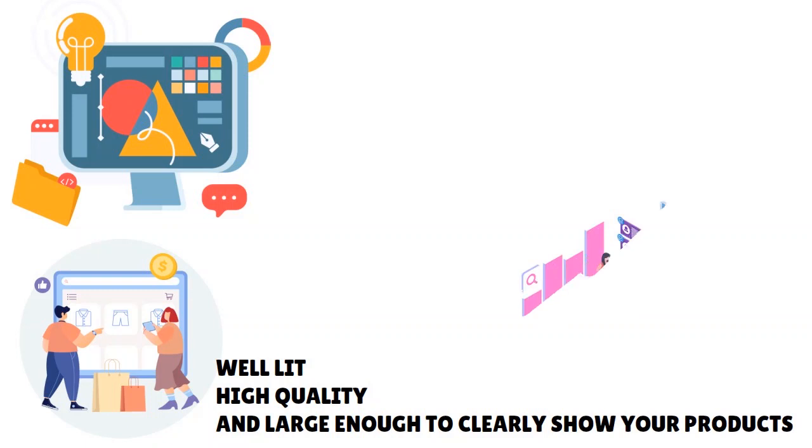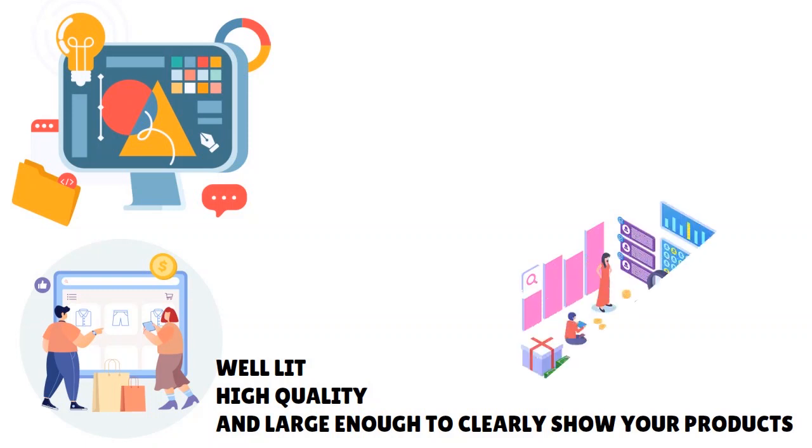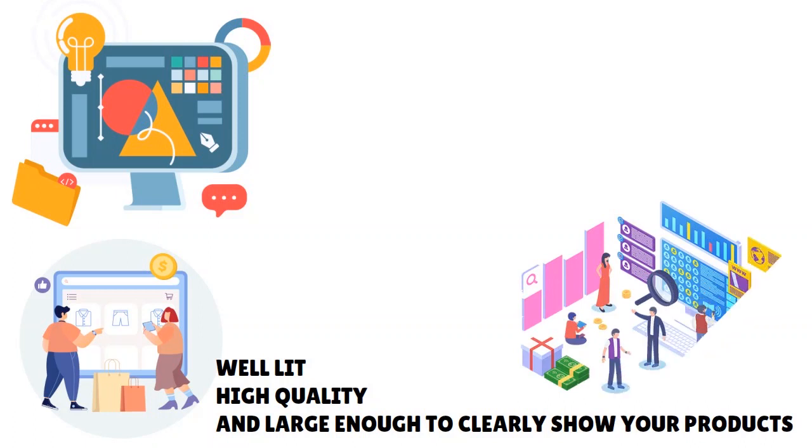Before uploading the pictures to your website, make sure the image is properly optimized and will not slow down your website, because you constantly have to strike the right balance between sharpness of image and speed of the website, how fast the website loads. So use high quality images.